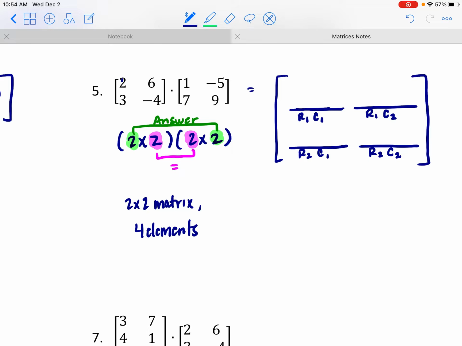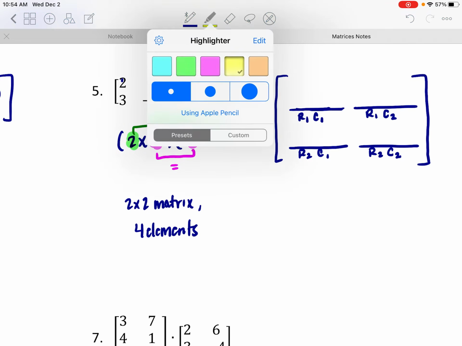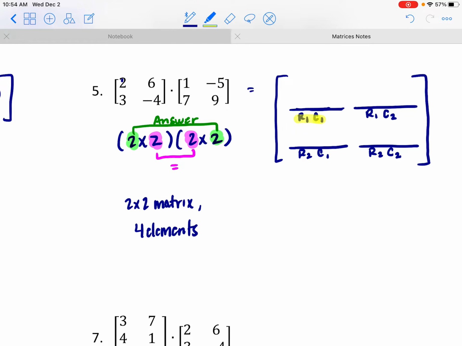Now it's important to be able to identify those because the spot in the answer is going to tell you what to multiply to produce the result in that spot. For example, if we are looking at obtaining row 1, column 1 of the answer, then I have to use row 1 and column 1 to get that. So row 1 of the first matrix and column 1 of the second matrix is going to produce that result.